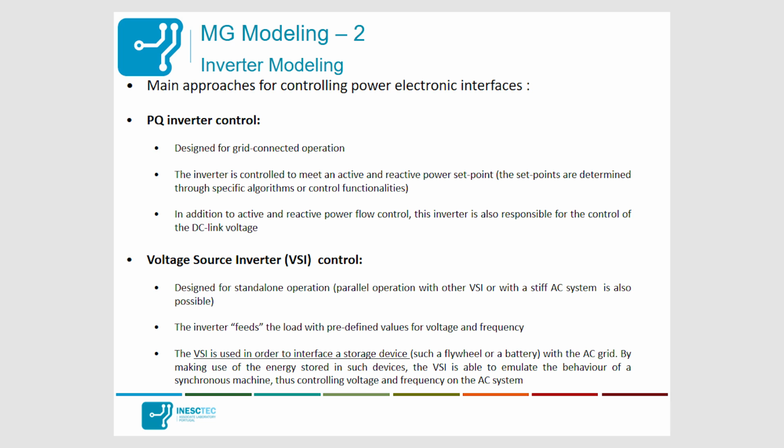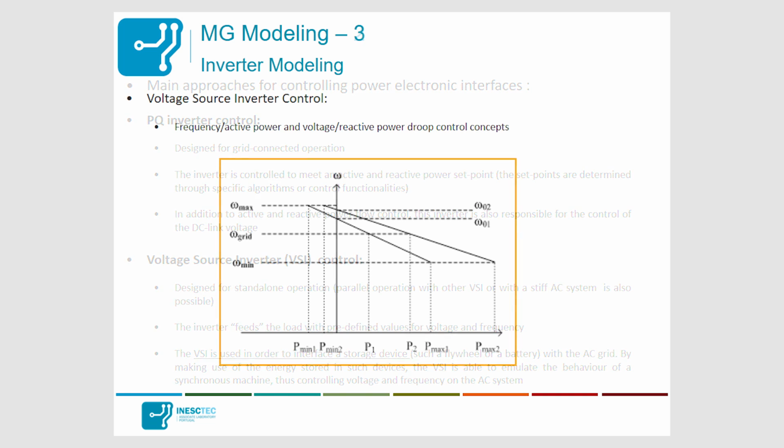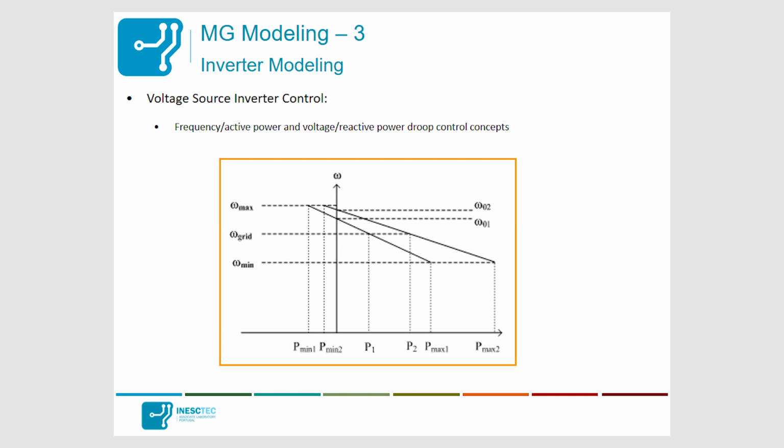And in this case, the inverter is capable of controlling voltage and controlling frequency, and is usually connected to storage devices, flywheels, batteries, and so on. And the control approach that we used is this one. So we have for voltage and frequency a droop control mode approach.